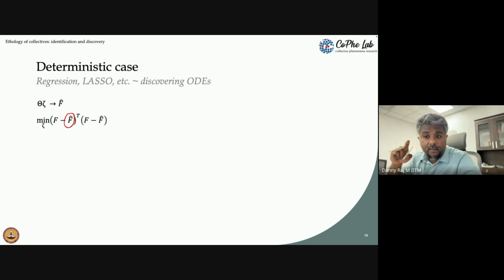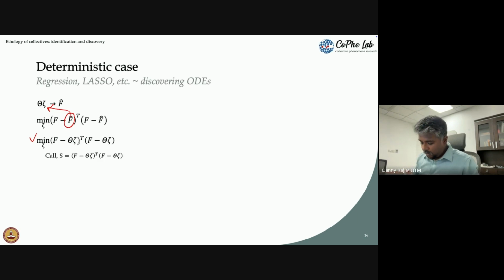In the previous approach, you had to solve an agent-based model, do the forward simulation, and estimate f or m. Here, we've already converted it into a linear regression problem. So f cap is given by theta times that. We put that in, which gives rise to this step. Now, for simplicity's sake, I'm going to call this S. And if I'm searching for a minima, what are the conditions on S?